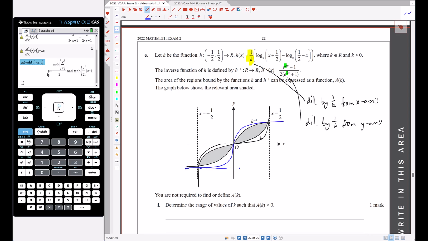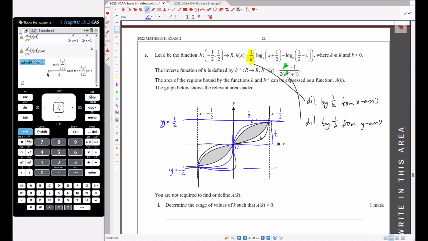And it should also have asymptotes at y equals negative a half and x equals positive, y equals positive half. So the area is getting bigger as k gets larger because the original function is squashing down closer to the x-axis, the inverse function is squashing in closer to the y-axis, and so that area is going to be getting closer and closer and closer to this value here, and this is a square that is half by half, so that's a quarter, and then obviously there'll be another quarter down here.